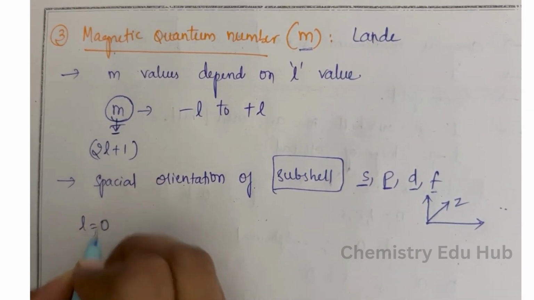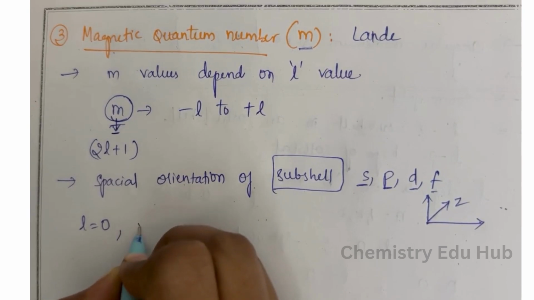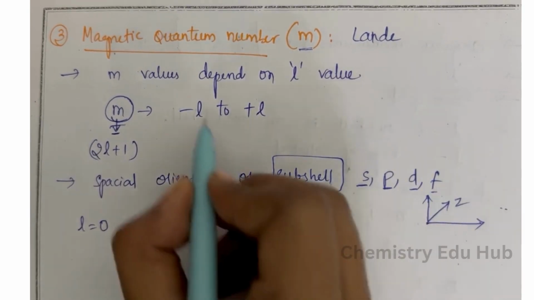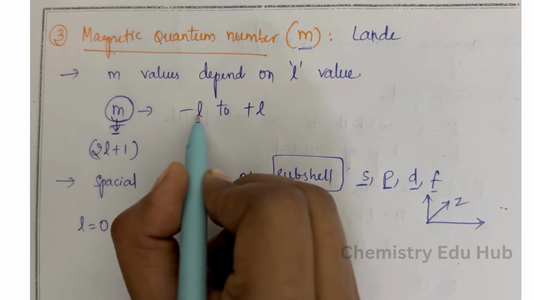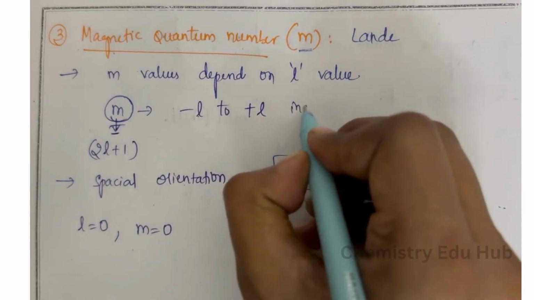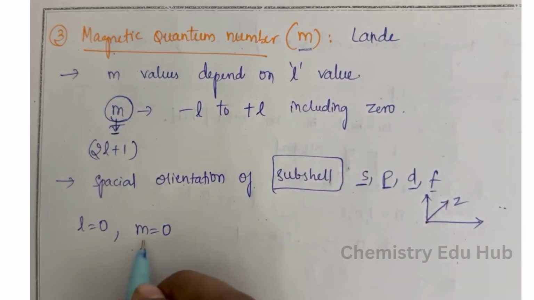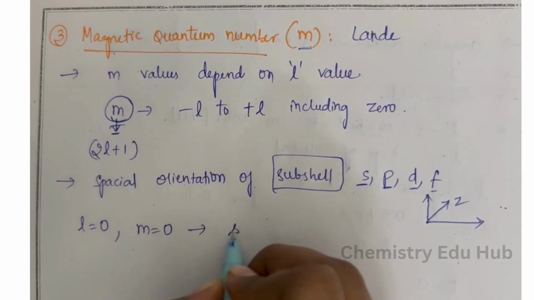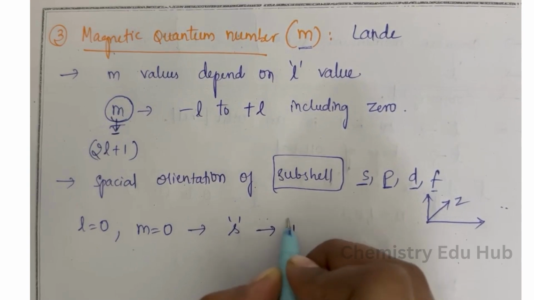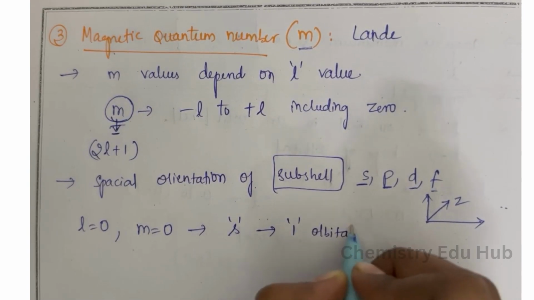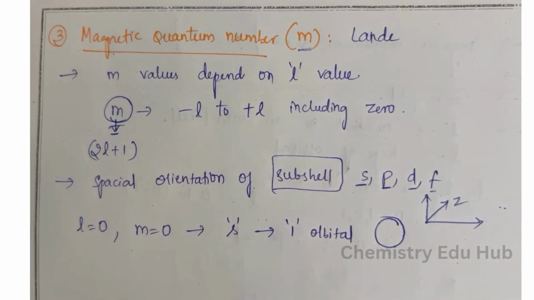Suppose the L value is 0, then M value is also 0, because M values range from minus L to plus L, including 0. So M has to be 0. This means the S subshell has only one orbital, that is the spherical S orbital.